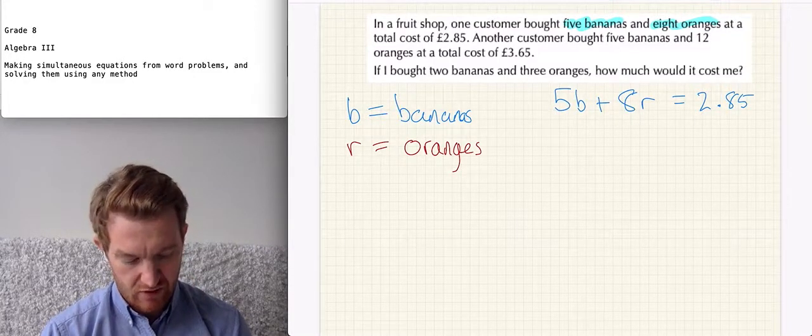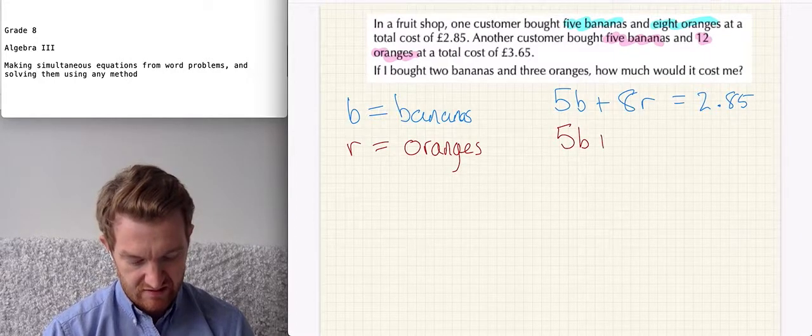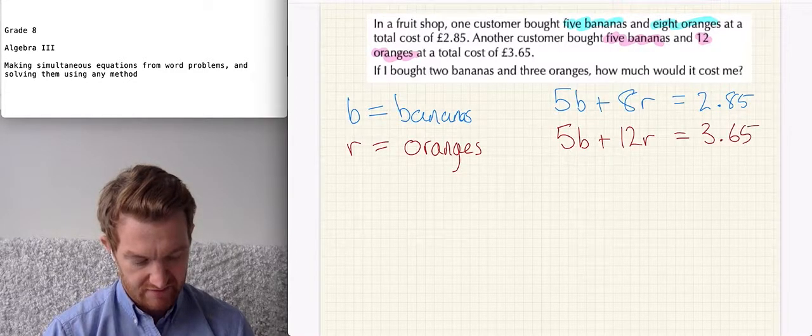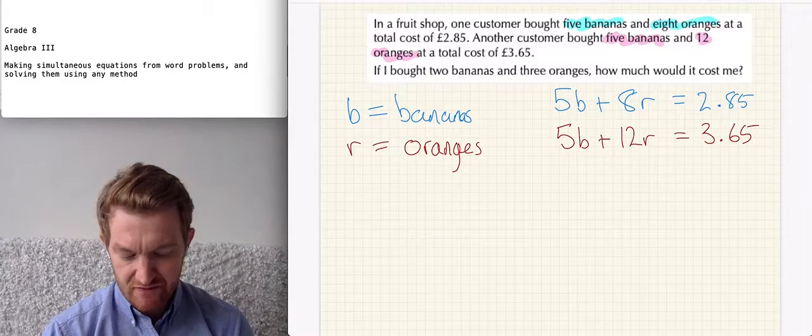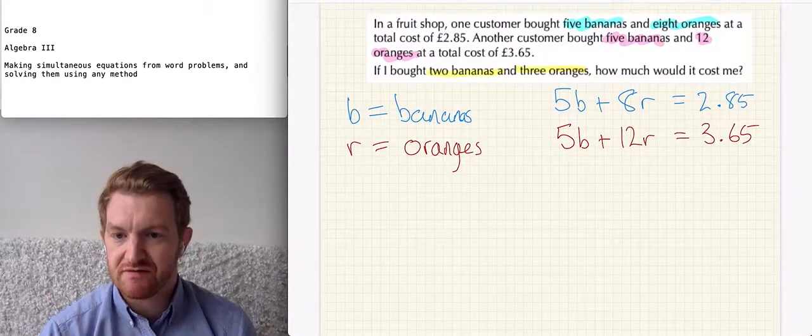Okay, next one, we've got 5 bananas and 12 oranges. So I'm going to say 5 bananas and 12 oranges is $3.65. Now the final part of the question, it says we've got 2 and 3, but it doesn't give us the value. That's what it wants us to find out.